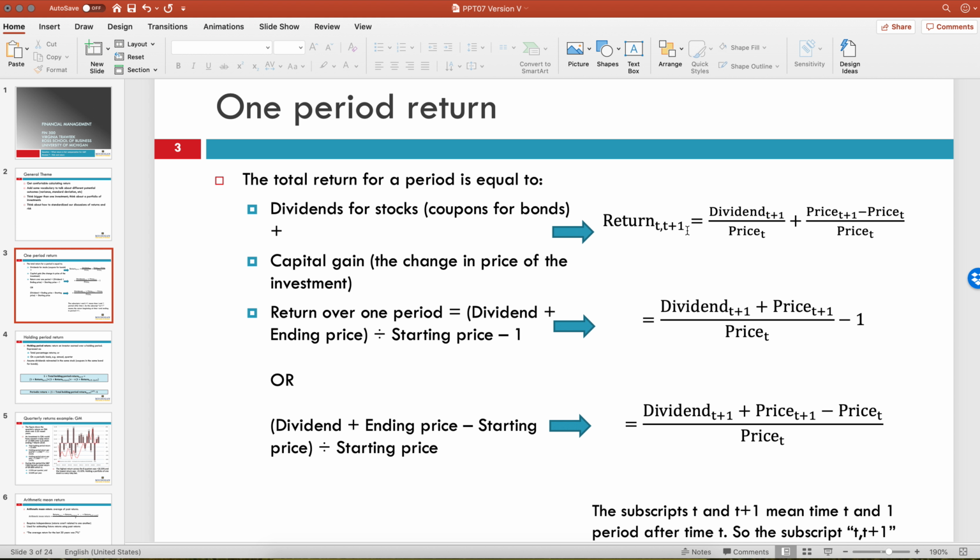So if you saw t+2 here, you would know that this was for 2 time periods, but we're mainly going to focus on t+1. We have the dividend, we have the price, and then we have the change in price. These are, again, all different ways that we can think about writing the same thing, where we buy something in time 0, we sell it in time 1, and we get a dividend and the price that we sell it for.